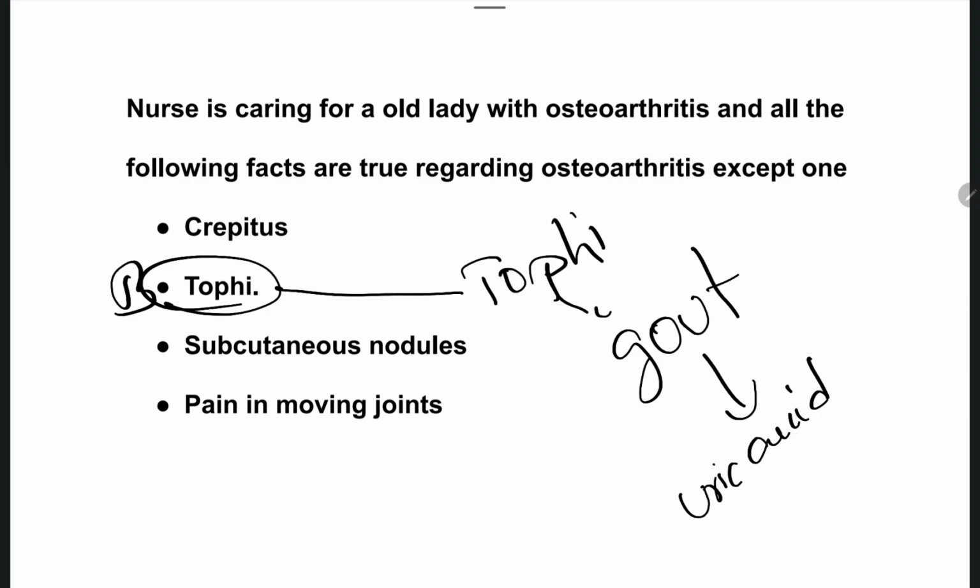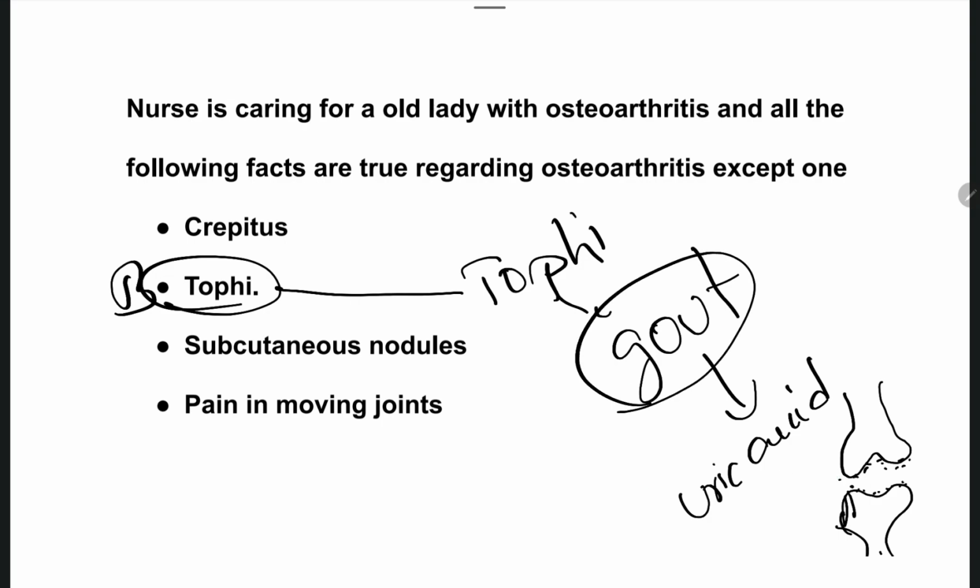Okay, uric acid deposits in the surface of the joints, the joint which is present between the two bones. Here we have uric acid crystals. So this condition is known as gout, and in this condition we have the feature of tophi. Tophi is nothing but accumulation or settlement of the uric acid crystals.